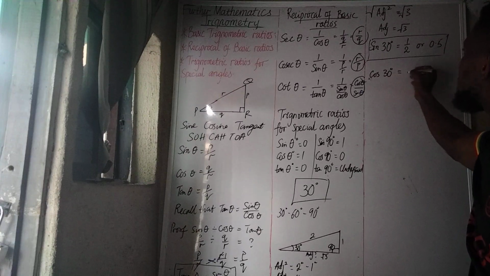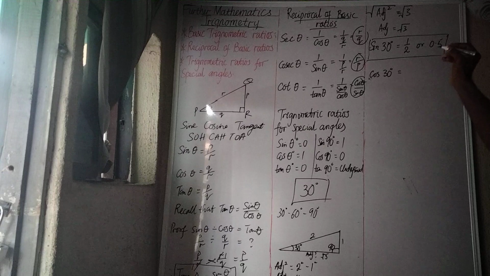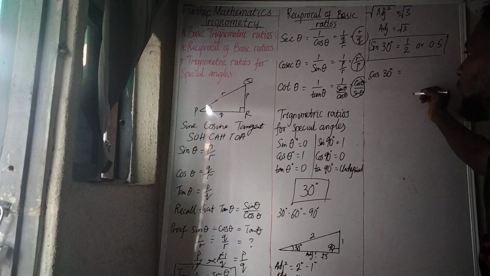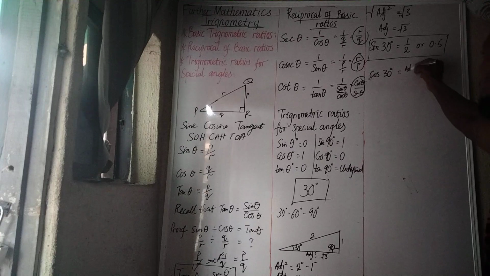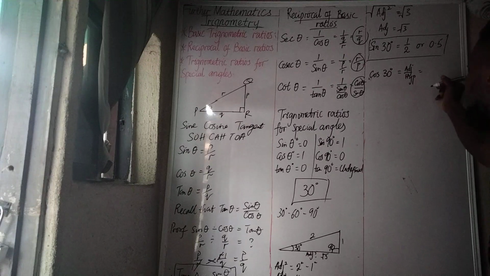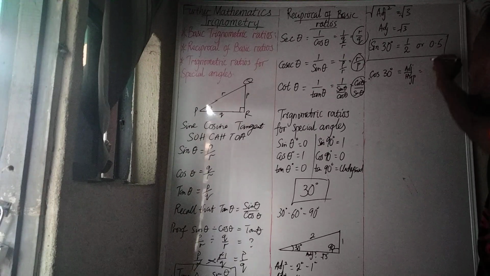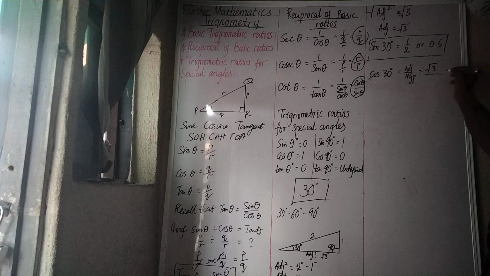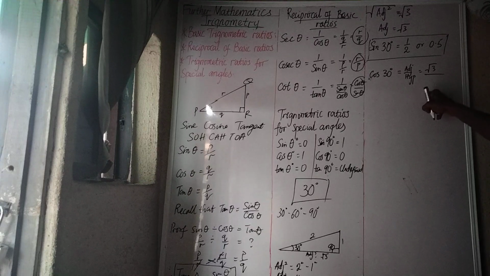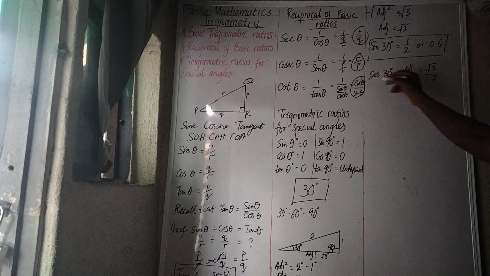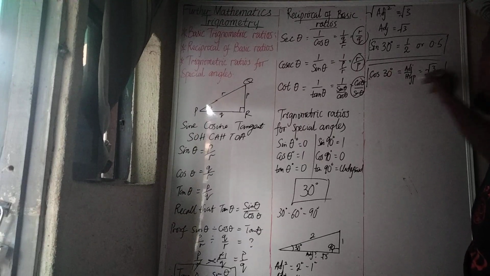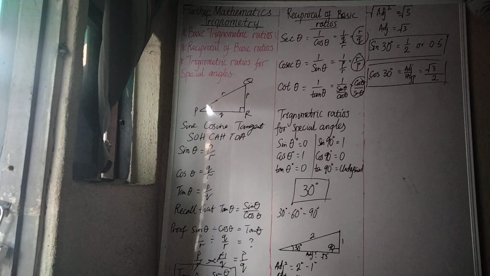Next will be cos 30 degrees. Cos 30 degrees will be adjacent over hypotenuse. Our adjacent is root 3 all over the hypotenuse, which is 2. So the value of cos 30 is root 3 over 2.